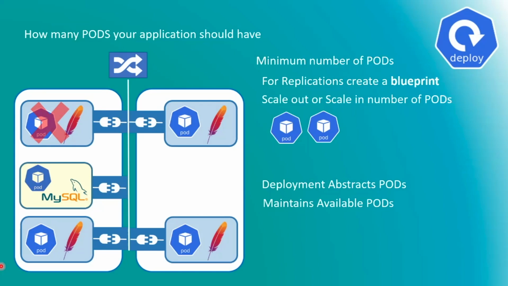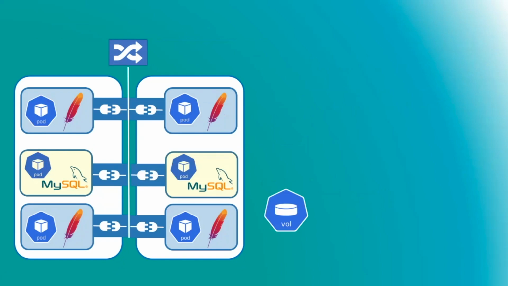Now you must be thinking, wait a minute, I have only replicated my application pods. How about my database pods? What will happen if my database pod goes away or crashes? What will I do? Absolutely, you are correct. We must implement replication for the database pod as well.